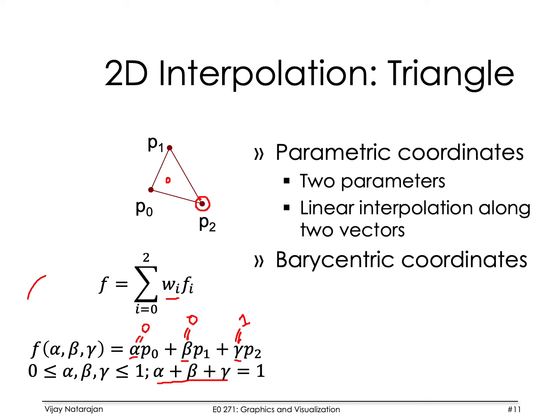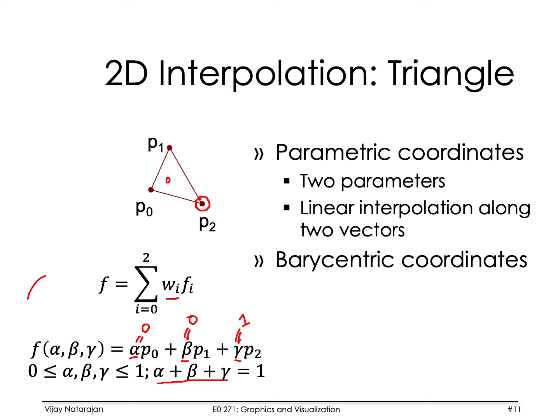Of course, if you are at P0, then alpha will be 1 and beta and gamma will be equal to 0. For the center of mass, alpha, beta and gamma are all equal, and in this case 1/3.